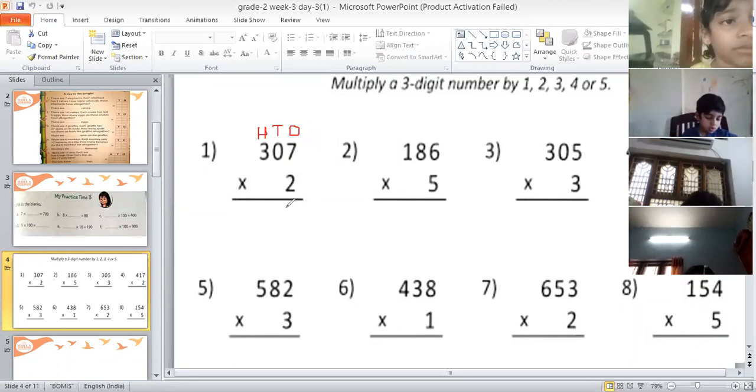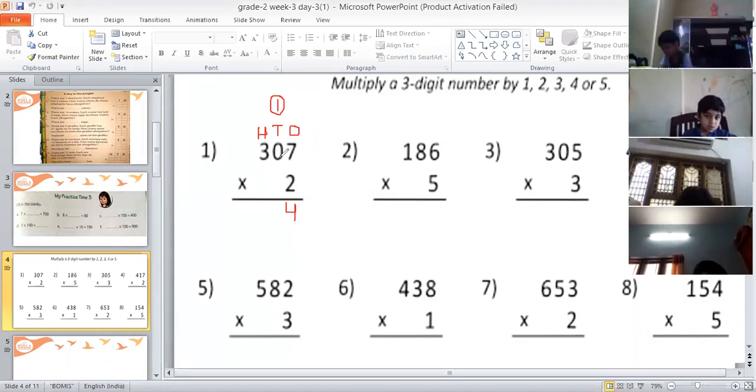So we will write 4 in ones place and 1 will go as carryover in tens place. Meghna, 2 zeros are how much? 0, ma'am. Very good. Whenever you multiply any number with 0, answer is 0. But here we have 1 in tens place as carryover. So we will add that 1 also. So 0 plus 1 is 1. So we will write 1 in tens place.